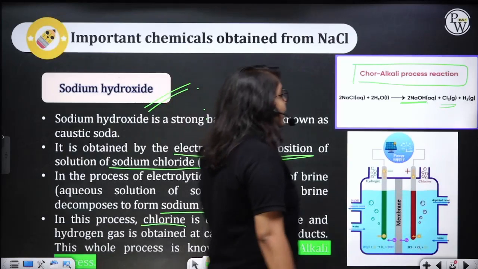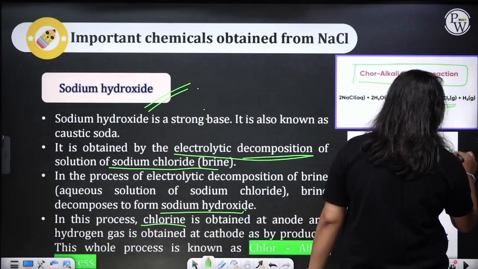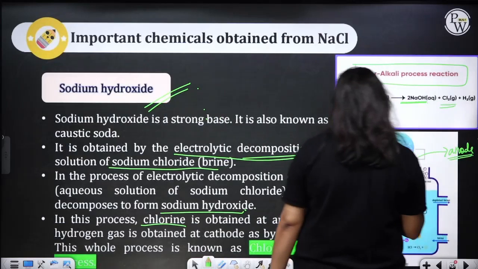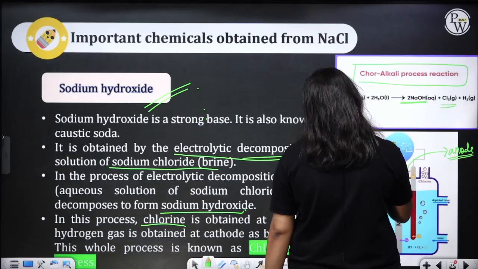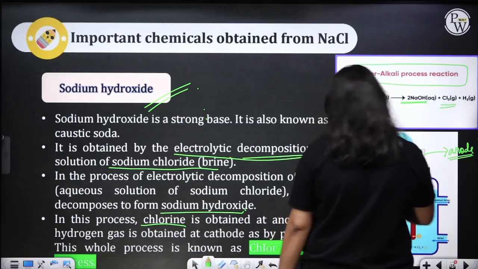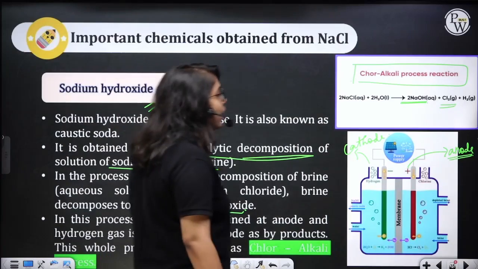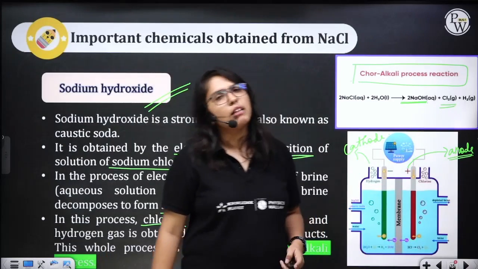And this chlorine is obtained at the anode and hydrogen gas is obtained at the cathode. Alright, and this process is known as the chloralkali process. Hydrogen gas, however, is a byproduct.